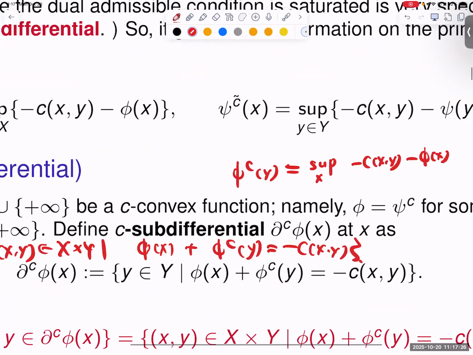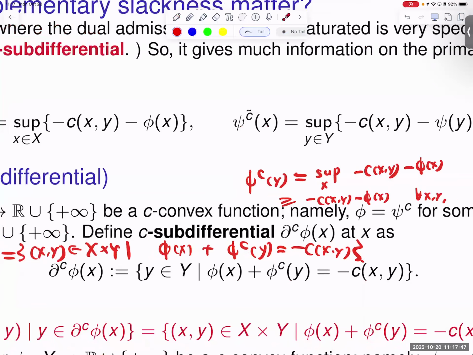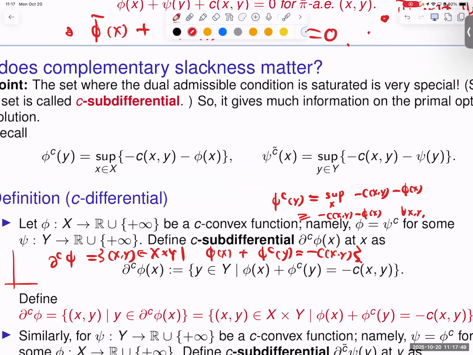So this is always bigger than or equal to, for any x, y. The c-subdifferential is exactly the set of x and y where you have equality. So the c-subdifferential is a set in the product space, some set of points.